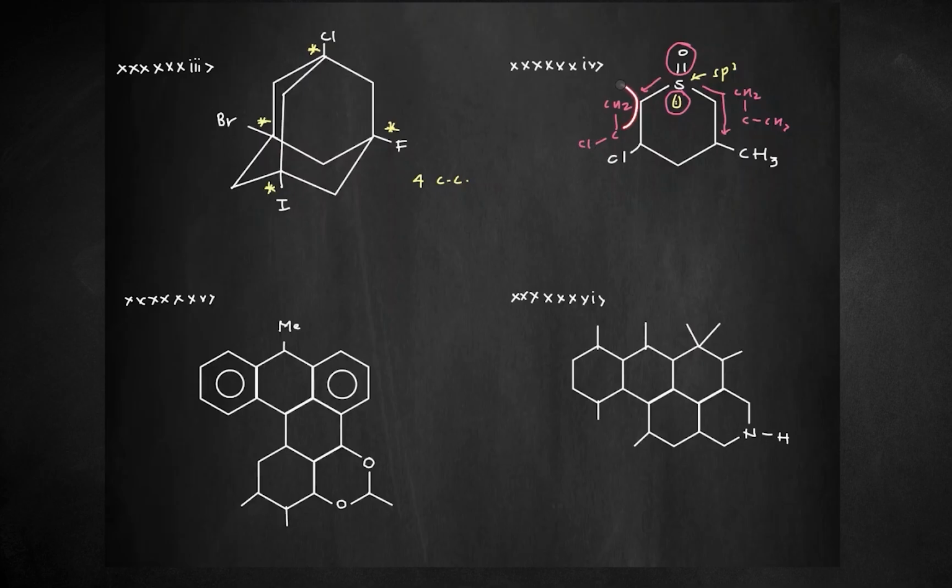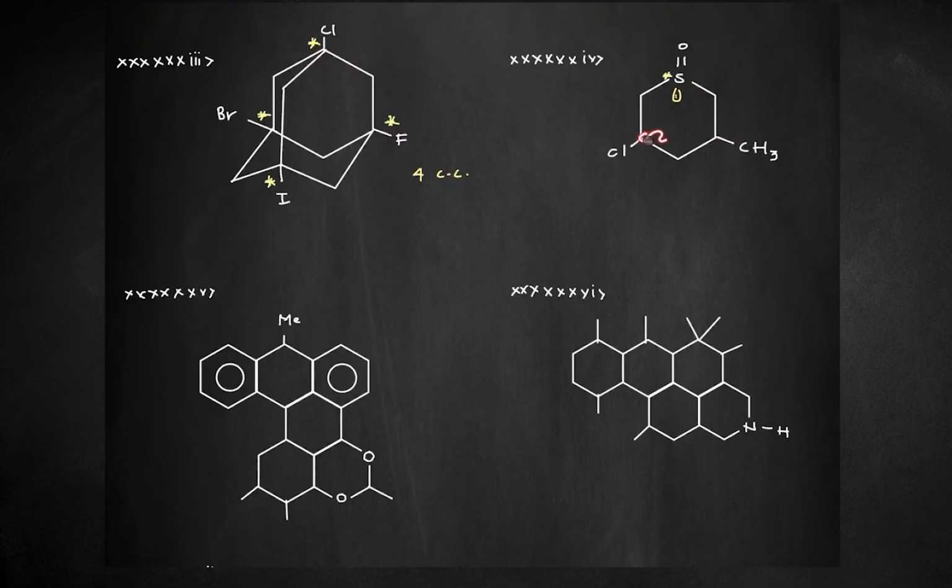So definitely this particular part, this part, lone pair, and this, all four groups are different. So this sulfur is called a chiral center. Got it? This is the carbon, hydrogen, chlorine. From this side sulfur, from this side CCH3. So 1, 2, 3, 4, all groups are different. So this is also a chiral center.